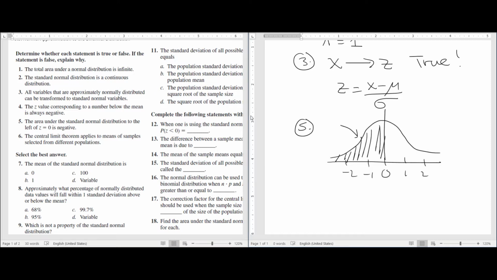But we know that's not the case. This is false, because the area can never be negative. The area in this case is 0.5 because you have half of the curve. It's not negative 0.5, it's 0.5. So area cannot be negative. So area under the curve cannot be negative.